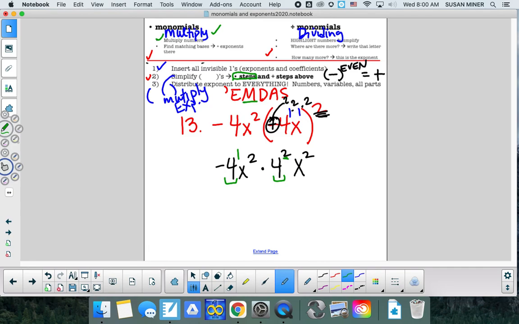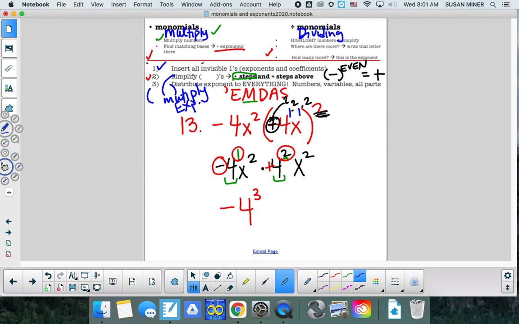I'm going to put in another invisible 1 exponent so that I can just add up the exponents of my like bases. There's a 4 base, there's a 4 base, this one is a 1, this one is a 2, and so I'm going to end up with a negative 4 to the third, and it's negative because I have a negative times a positive. So I'm going to end up with a negative 4 to the third.